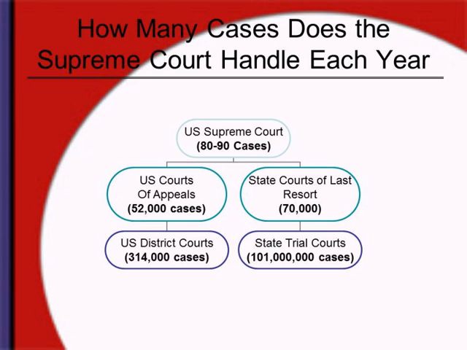Remember, we said there's about 101 million cases each year in this country. Out of that 101 million cases, about 80 or 90 of them actually get appealed and accepted by the Supreme Court. So there's a very, very small percentage of the cases that are heard in this country that the Supreme Court actually hears.